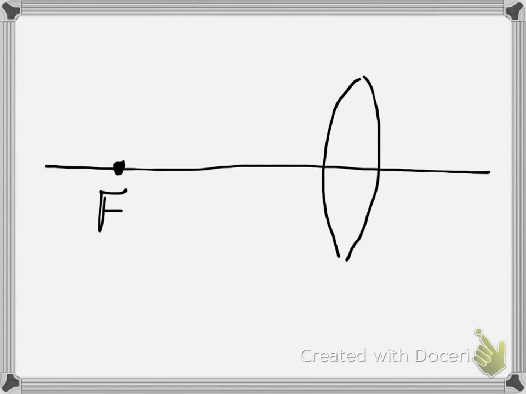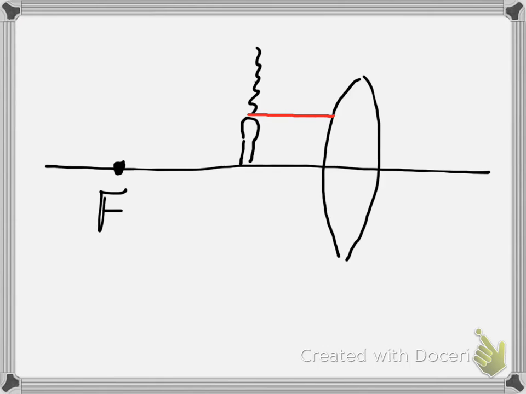What happens if we actually put our candle inside here? All right, what happens to the ray diagram in this case? Well, we can do our three traces again, right? So remember that if I draw a line parallel to the axis, then that ray will go through the focal point at the other end.